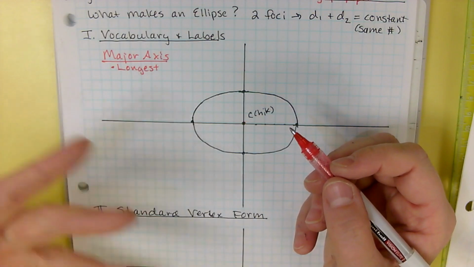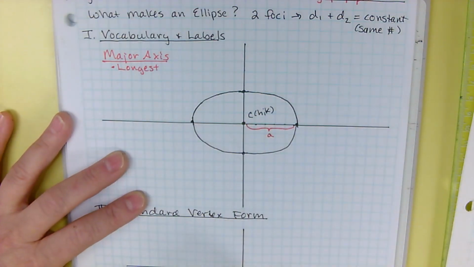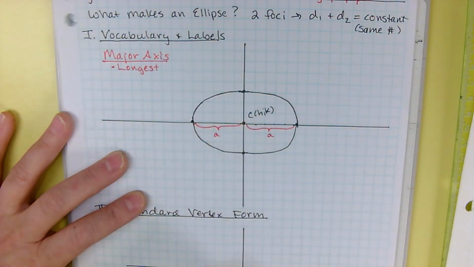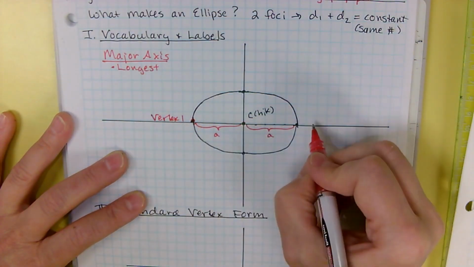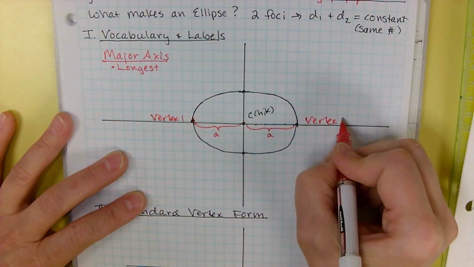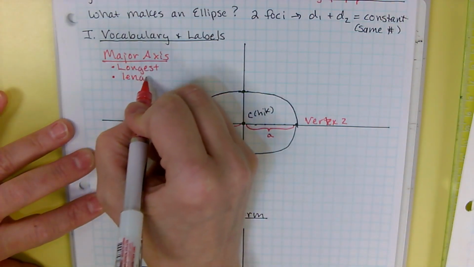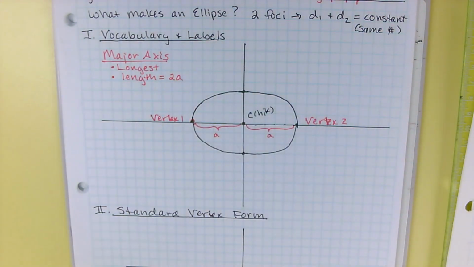If it's a horizontal major axis, you count A spaces to the right and A spaces to the left. That will give us vertex 1 and vertex 2. The length of the major axis from one vertex to the other is A plus A, which is 2A. So length equals 2A. That is the longer of the 2 axes.